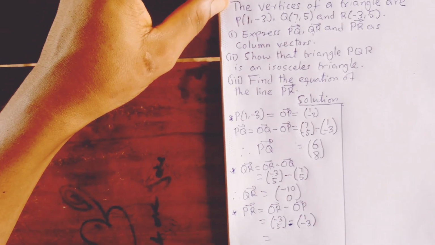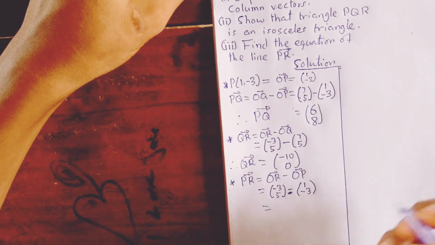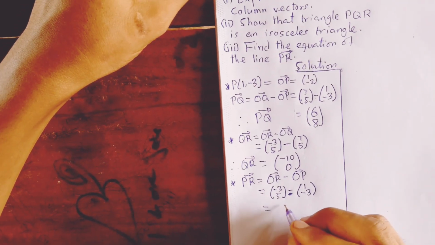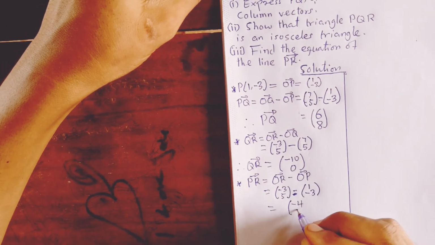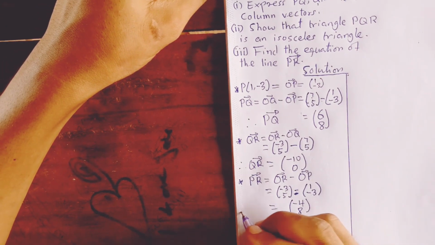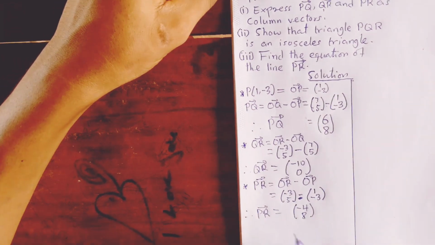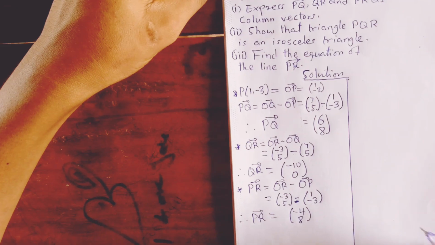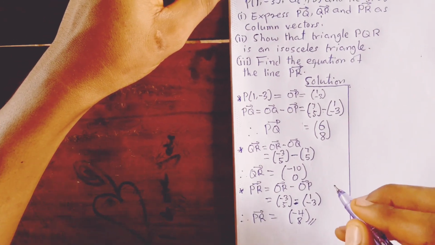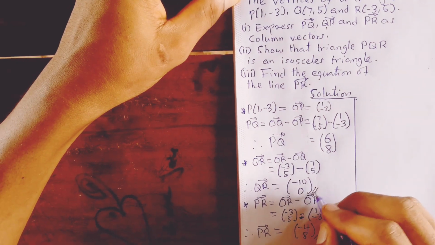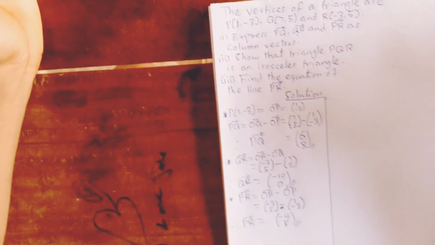So let me do my subtraction now. -3 minus 1 will give me -4. 5 minus -3 will give me 8. So therefore, vector PR is giving me (-4, 8). So I have (-4, 8) as one, (-10, 0) as another one, and (6, 8) as another one. So I am done with the first one.